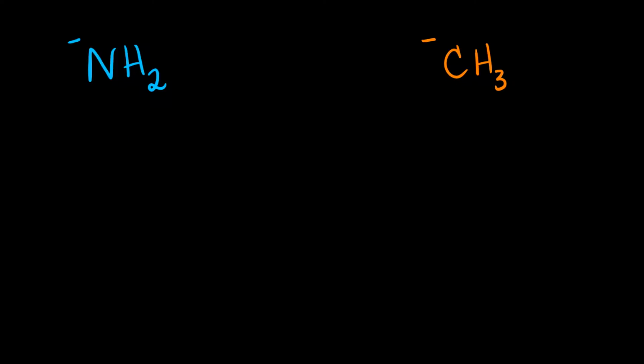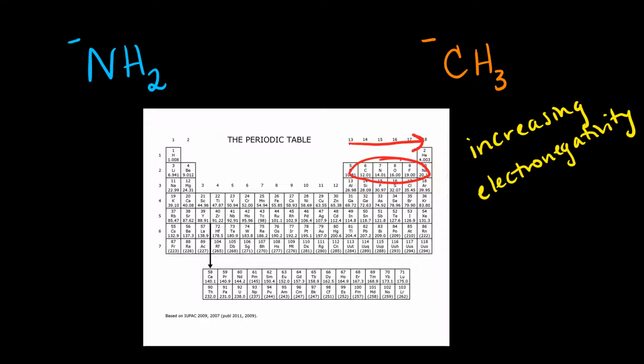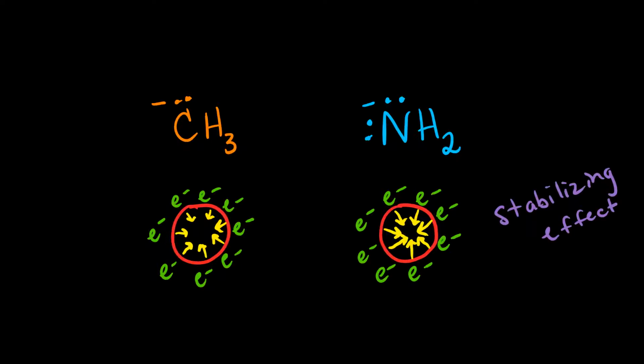However, this time we're not looking down a group, but we're actually looking across a period. And the predominant trend when you're going across the periodic table is increasing electronegativity. Since nitrogen is more electronegative than carbon, the nitrogen nucleus is pulling in on the electron density more tightly than is the carbon nucleus. And this pull is actually a stabilizing effect.